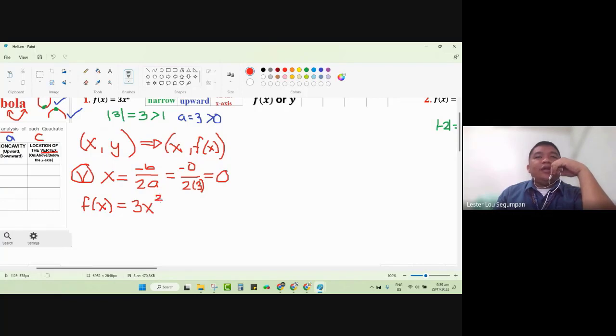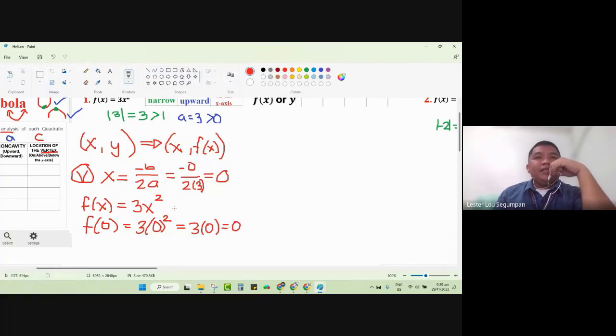Now, to solve for its pair, we could substitute that on the given function, 3x squared. So when we use x equals 0, we are getting f of 0. Don't worry about this. It's just simply saying that we are changing the value of x to 0. So we have here 3 times 0 squared, which is 3 times 0, and you will get a result of 0.